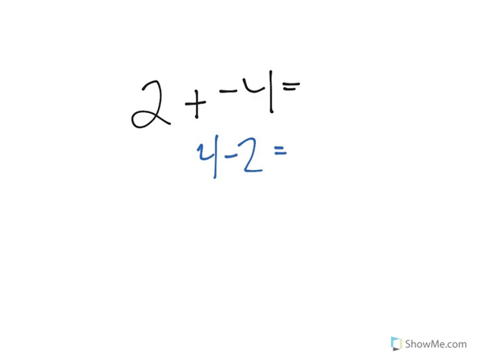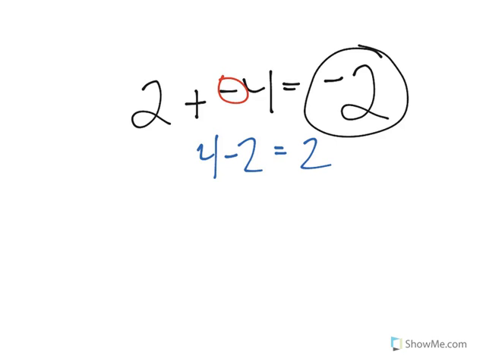Okay. Now if there are different signs, so if I had 2 plus -4, and one's positive, one's negative, I'm going to subtract the number with the greater absolute value, the bigger number, 4 minus 2, and I get 2. Now my answer, is it positive or negative? I look at the number with the greater absolute value, 4, the number was negative, therefore my answer is negative.